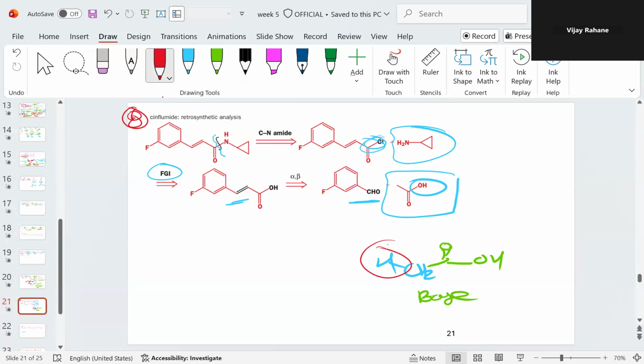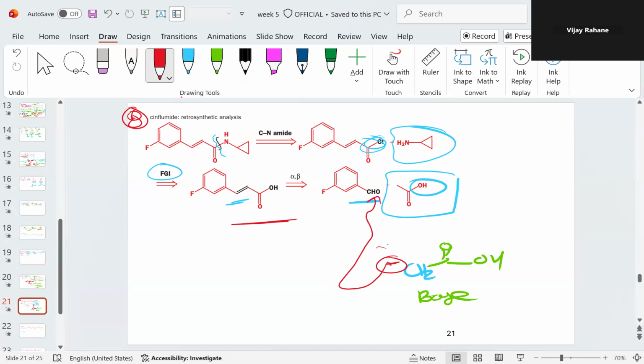So that's our approach. We can prepare a negative charge here by abstracting the proton. Once this negative charge forms, it can attack on this aldehyde, and we get such an aldol product followed by dehydration, we can get such a molecule.